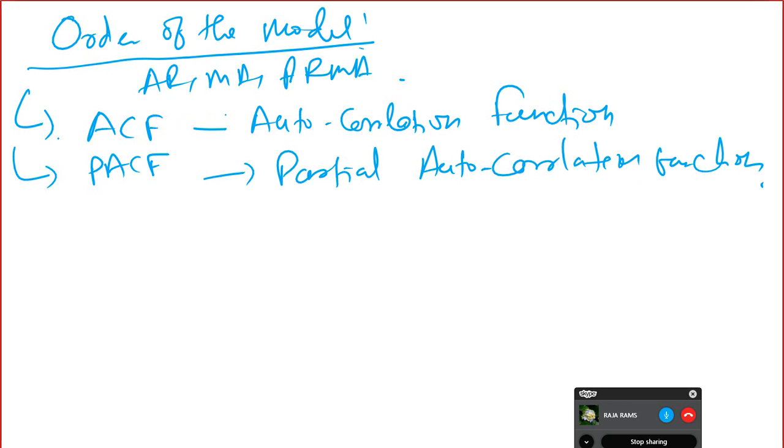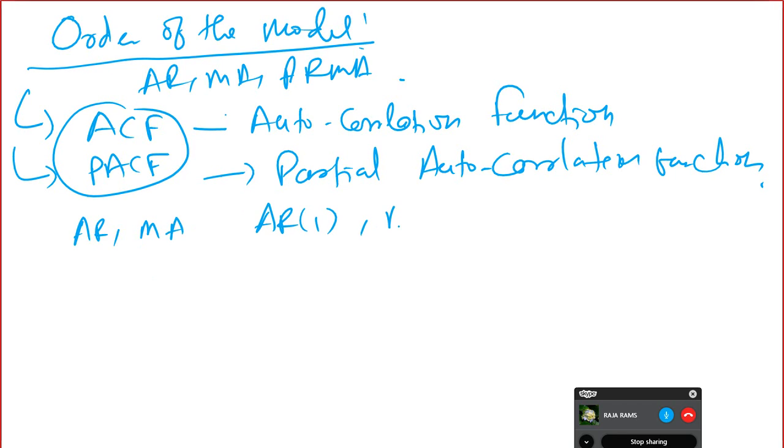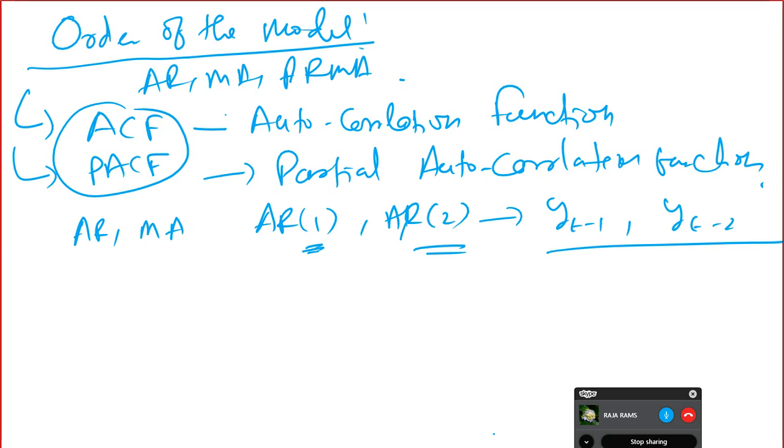Using these two, we will be able to know the order of the model, because you might be confused whether an AR model or an MA model should be used, whether AR1 or AR2 should be used. AR1 means there is only one lag, and AR2 means there are two lags of the same variable. That means it has Yt minus 1 and Yt minus 2 on the right-hand side. Similarly, in MA, you will be confused whether it's MA1, MA2, MA3 and so on.